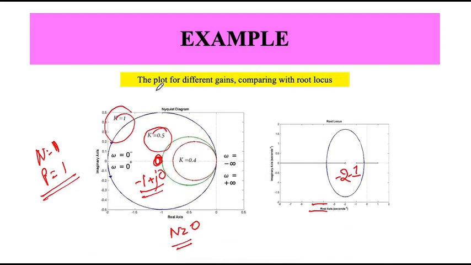Okay, so this is my zero, this is my pole. So one pole goes to the origin and the other goes to, suppose it is here, the other coming in this direction.